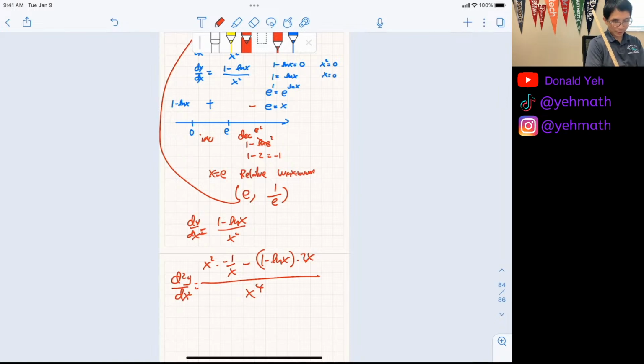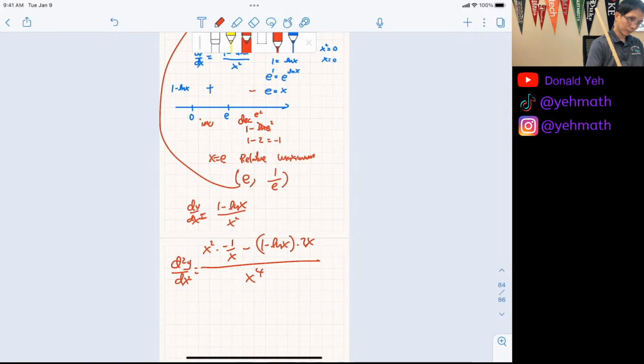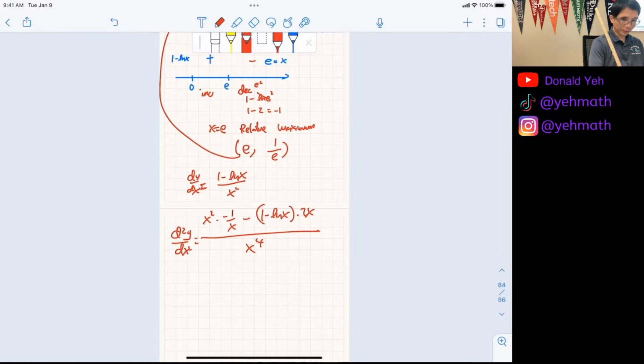Oh, I screwed up on the last few. Negative x, minus 2x, plus 2x ln of x. That's the second derivative notation.